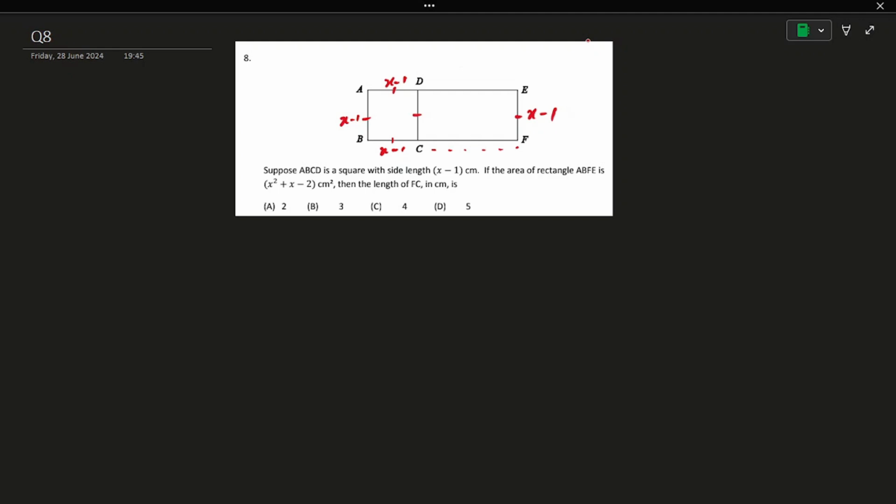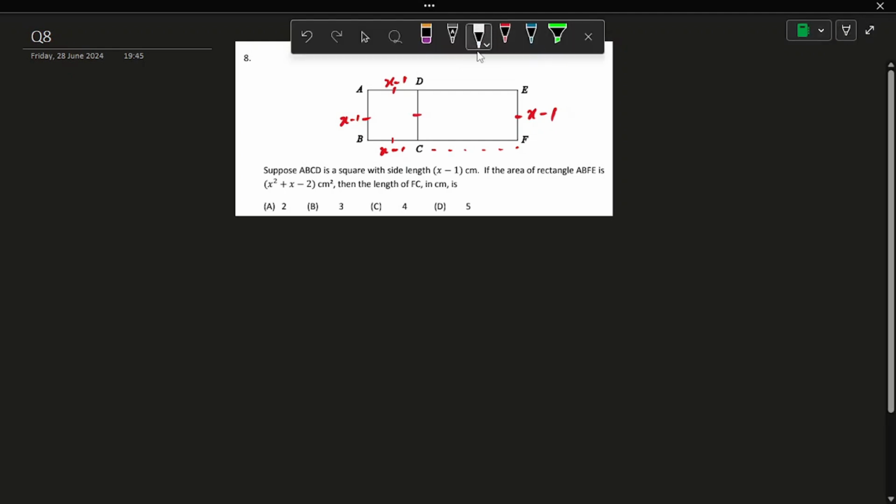Right, now let's see how we can actually try to come up with this. So we know that to get the area of a rectangle, I think that's where we should start. The area of a rectangle equals length times breadth, right? So our length in this case is BF, and our breadth is EF, right?